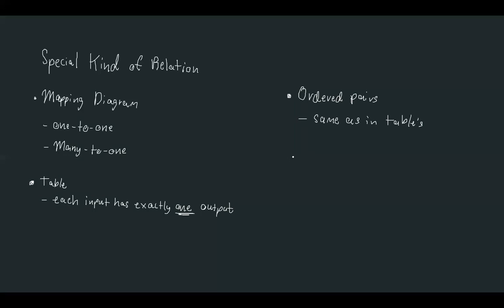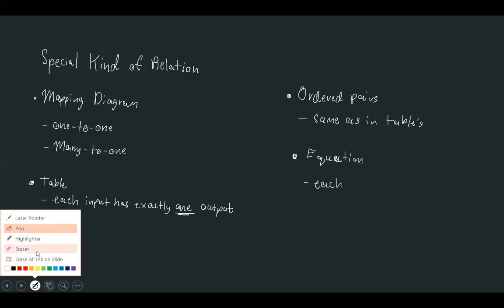And lastly, for the equation, which is to be discussed in later videos, for this special kind of relation to exist in equation, make sure that again each, what do you call this one? I think I do not need to write it.